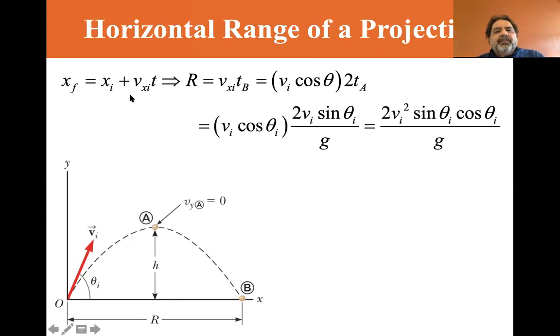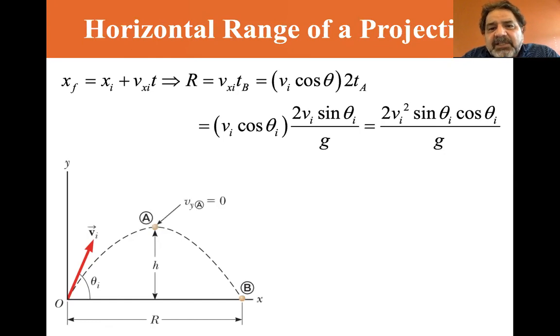So we have x final equals x initial plus Vxi times TB, and we want to look for the longest range. Xi is assumed to be 0, so all we have is Vxi times TB.